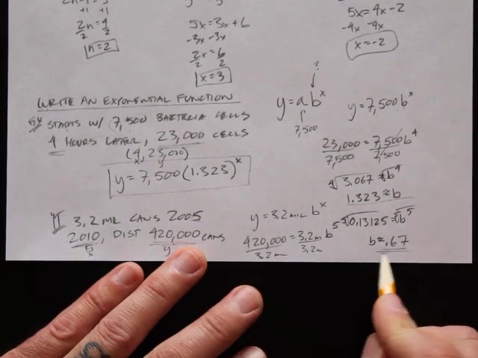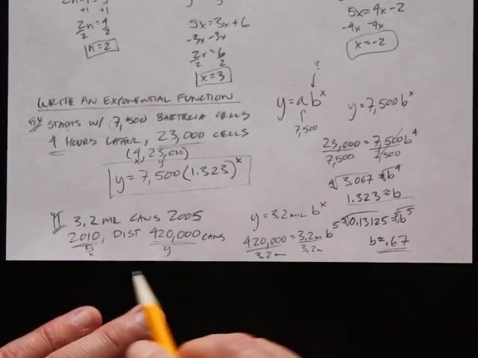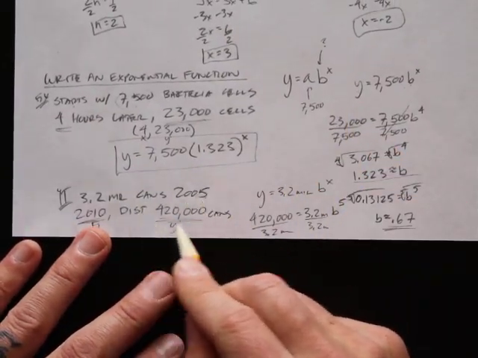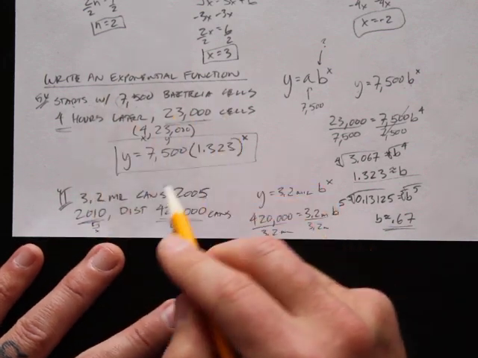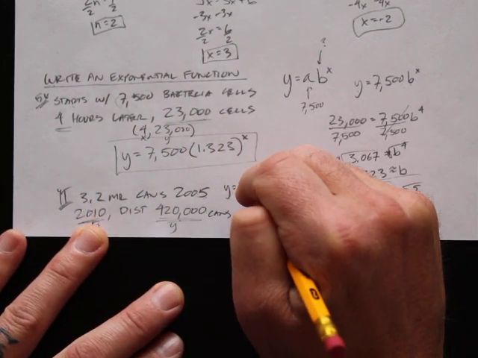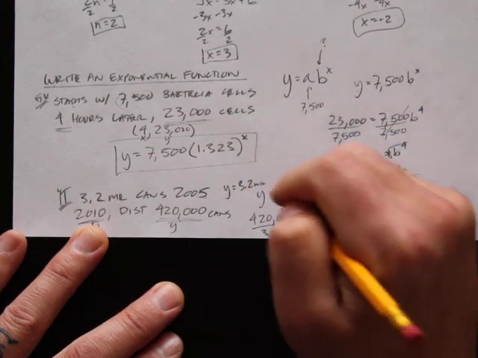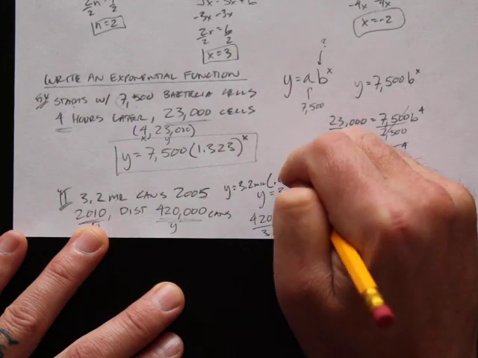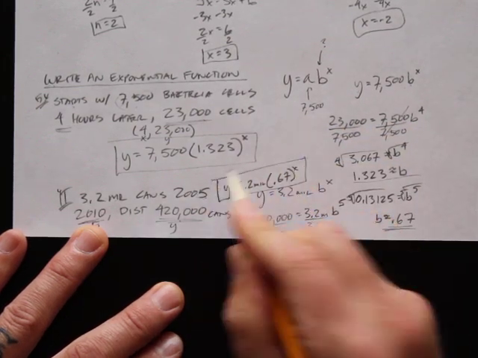Okay, so that's my b value. So now I just need to find some space to write my answer. The exponential function here is y equals 3.2 million times 0.67 to the x power. That's it.